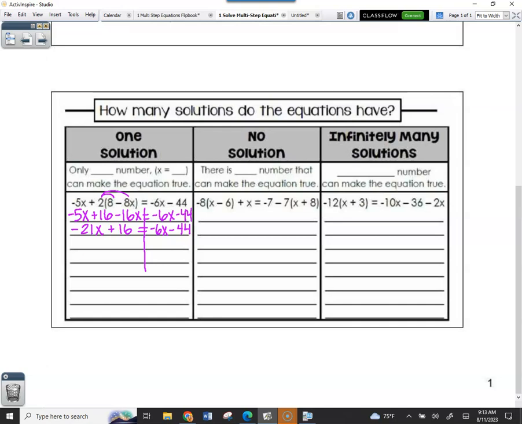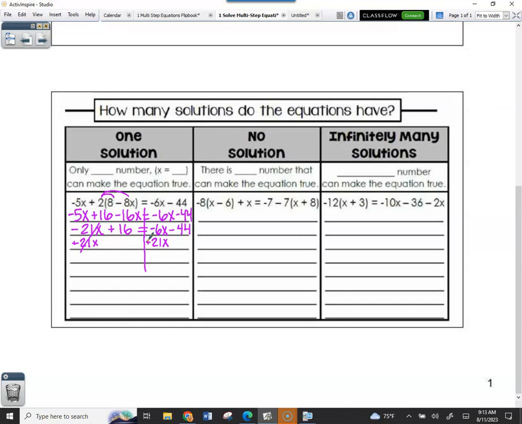So I'm going to add 21x to itself to make it an inverse operation. Then I'm going to go right up underneath its like term that's on the other side and repeat it. And now I'm going to bring down what's not been dealt with, and I'm going to type in my calculator, or in my head, I'm going to do the negative 6x plus 21x.